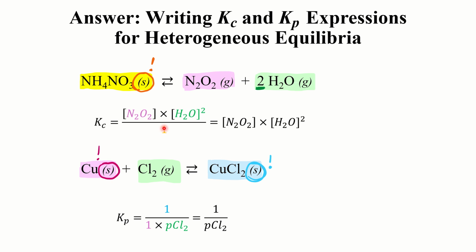So up here, I got rid of this 1 because the 1 was in the denominator and it wasn't necessary. Here, you do need to keep that 1, or at least this 1 from the CuCl2 needs to stay, it needs to be 1 over PCl2. That 1 is kind of holding the value of the fraction here, and it is necessary. Again, you could write a Kc expression for this reaction at the bottom. It would just be Kc equals 1 over the concentration of Cl2.